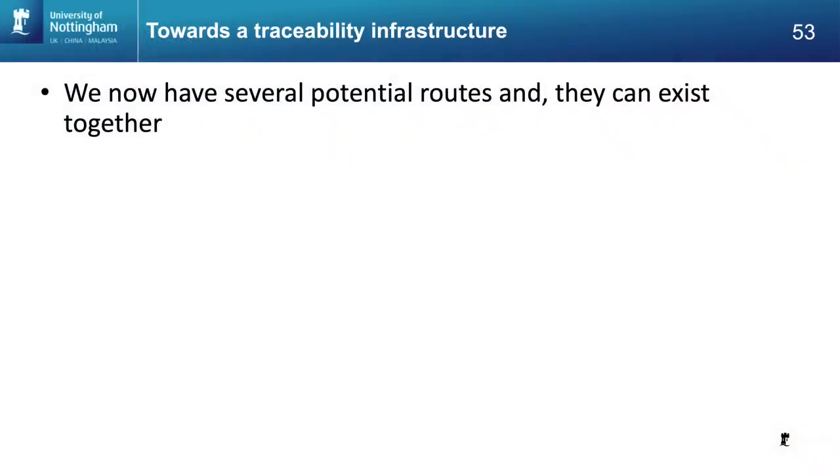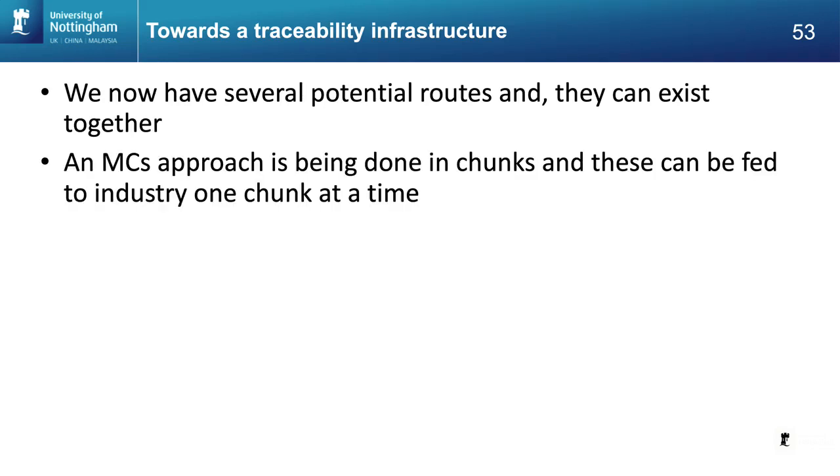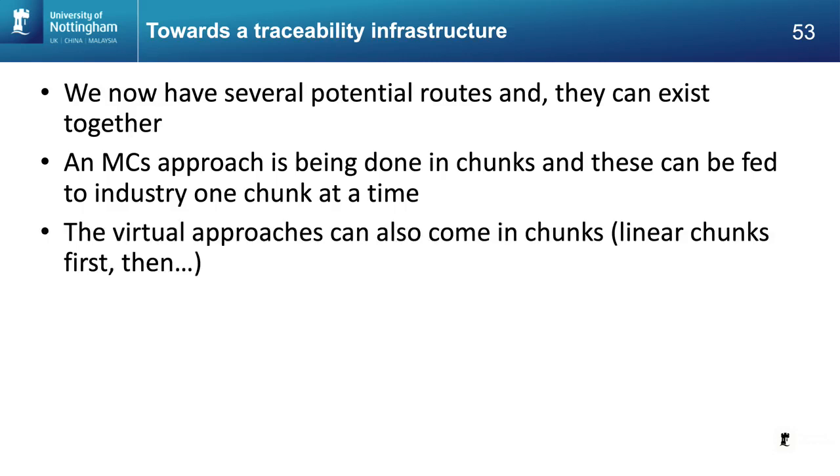So, summary. We now have several potential routes for estimating uncertainty with surface topography measurements, and they can exist together. The metrological characteristics approach is being done in chunks, and these can be given to industry one at a time. So at the moment we're giving them everything except for fidelity, and fidelity will come later.